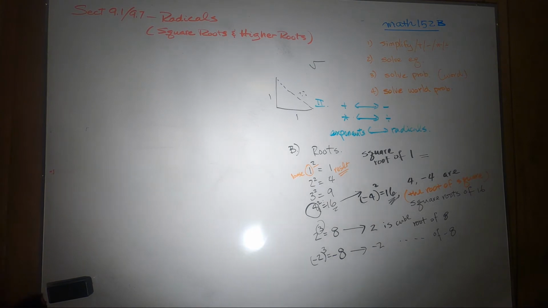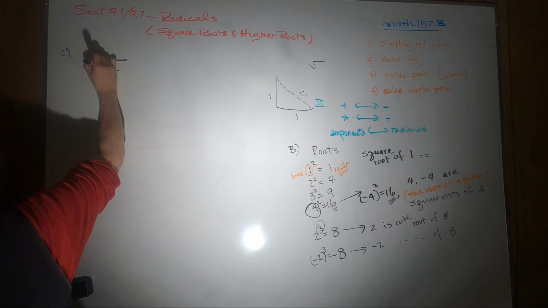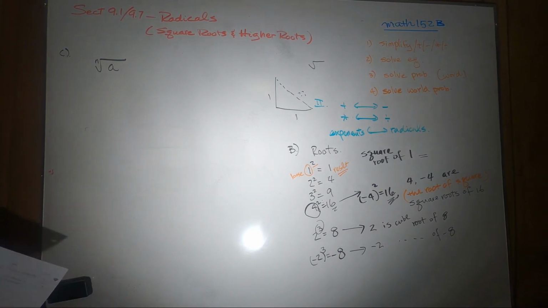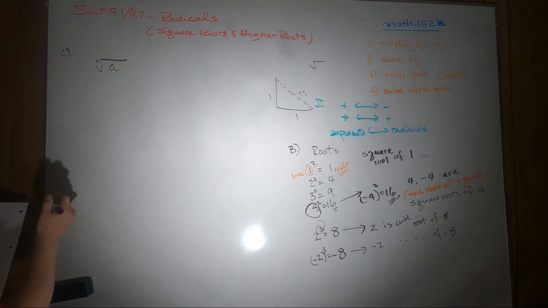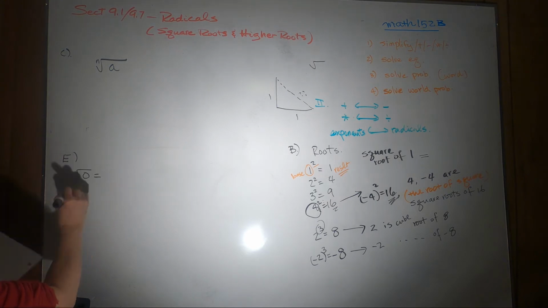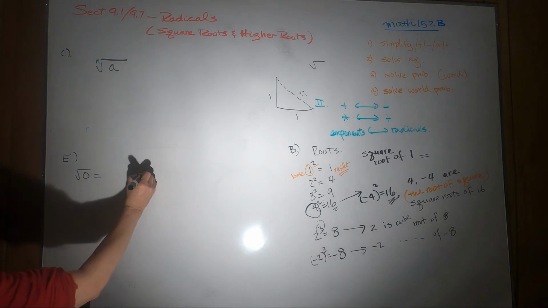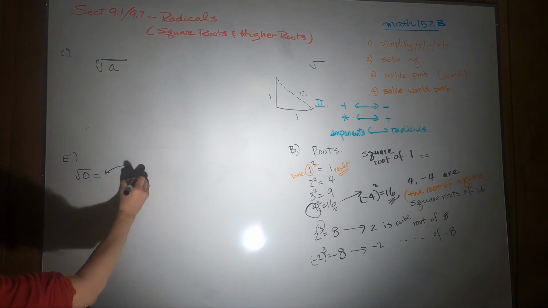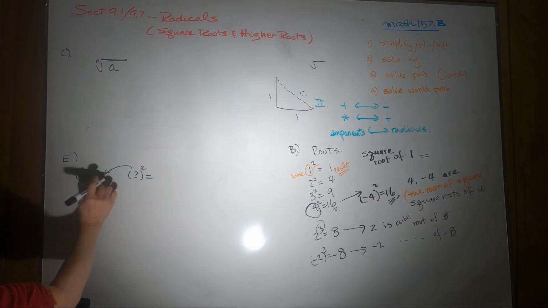Okay? And the symbol used is this way. We use things like this. Right? So, if on the bottom, okay, you can see the square root of 0 means what number? What number take a square would be the result 0?